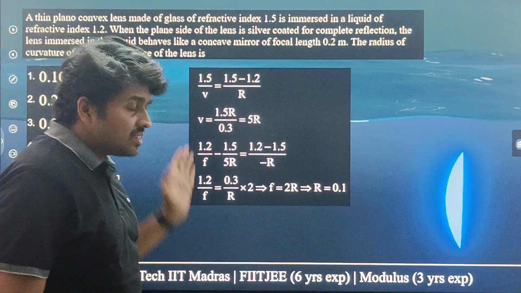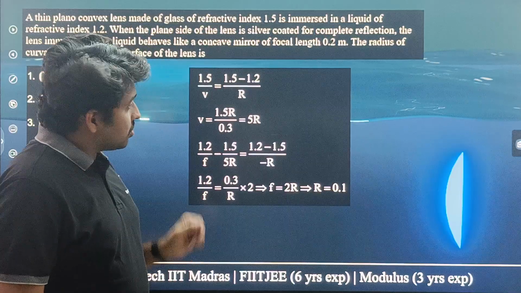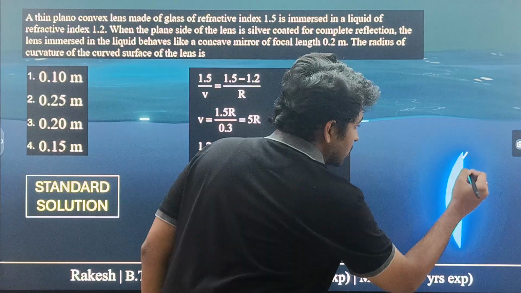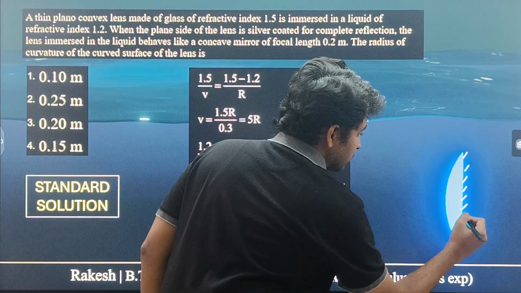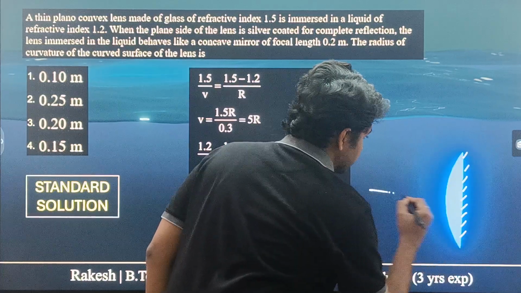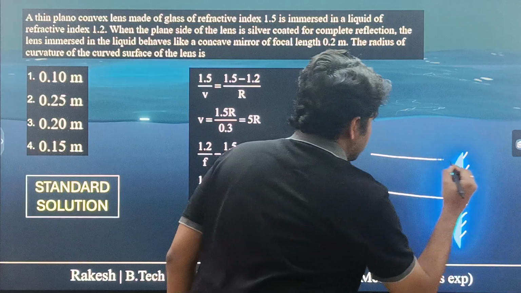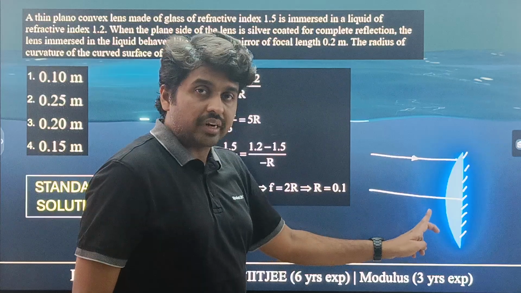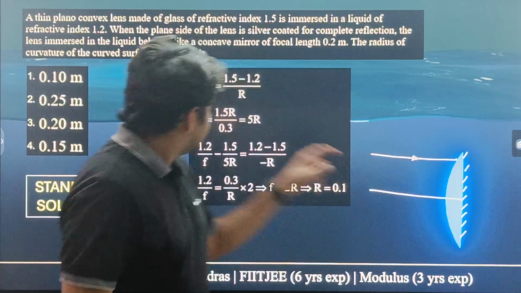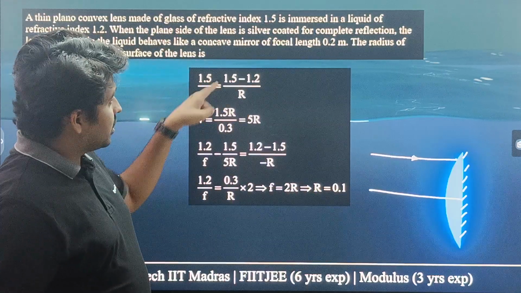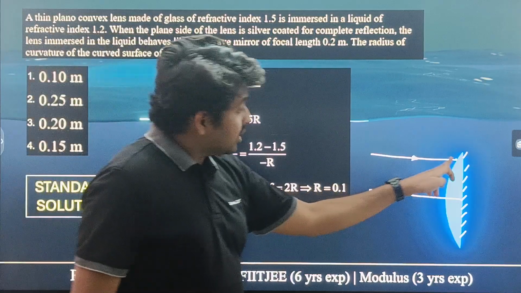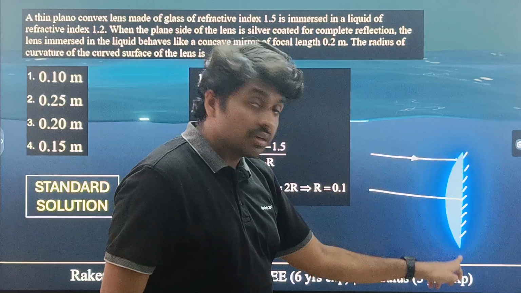So this is our standard solution. In the solution, this surface is silvered, and at the initial curved surface he writes the refraction formula: mu 2 by v minus mu 1 by u equals mu 2 minus mu 1 by r. The image of this acts as an object for the plane mirror.